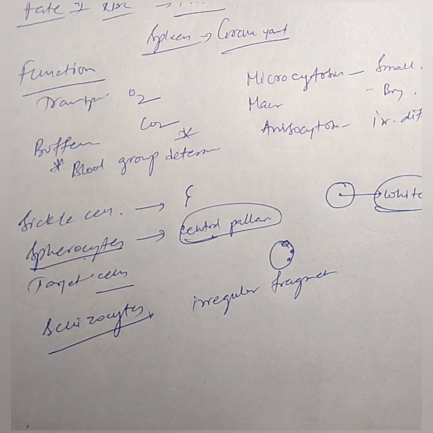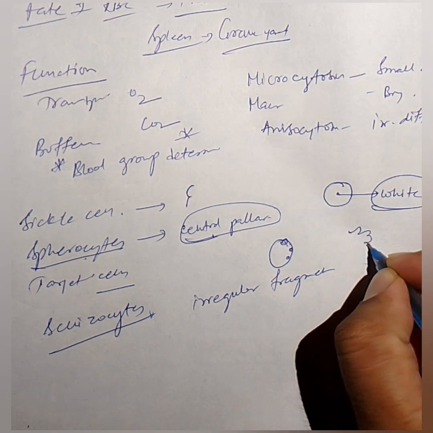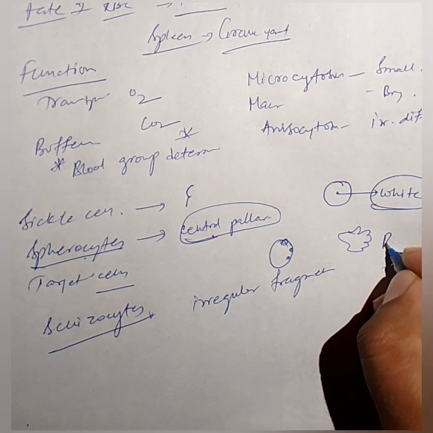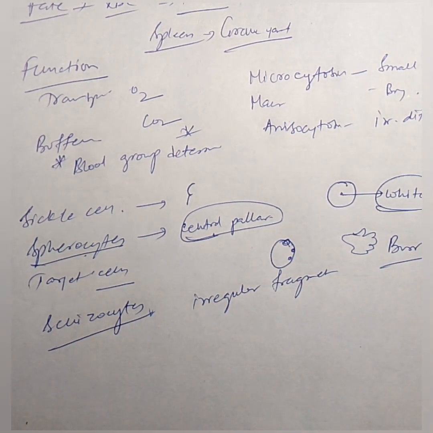Burr cells means small irregular projections. Small irregular projections on the RBC are called burr cells. And coming to the application, as we have already discussed, the RBC will be decreased in shape and they will have abnormality if we go to higher altitudes.